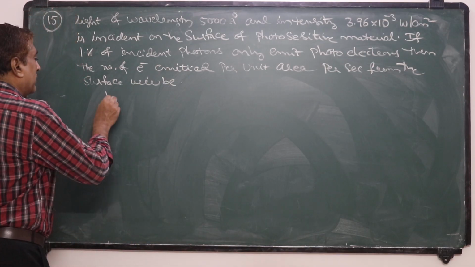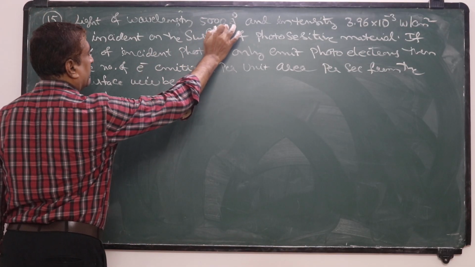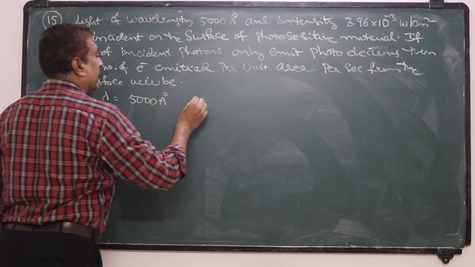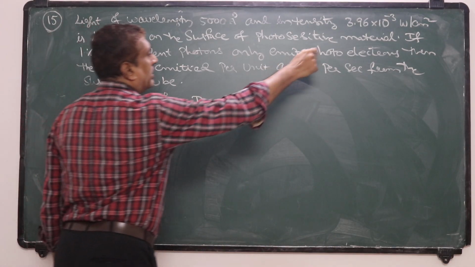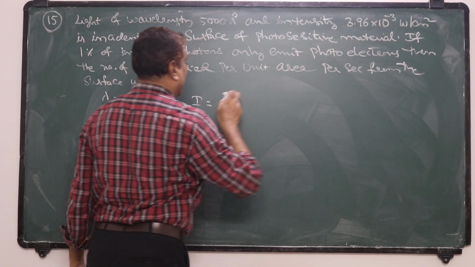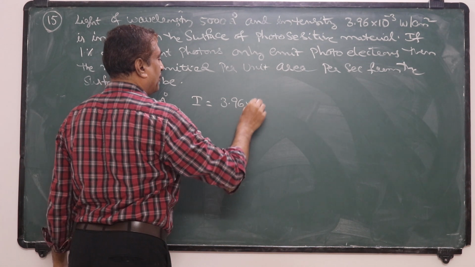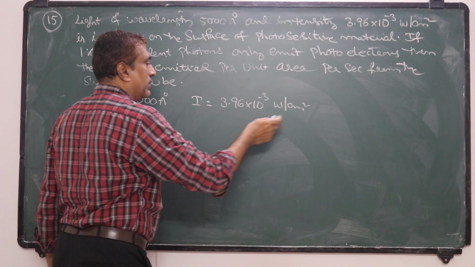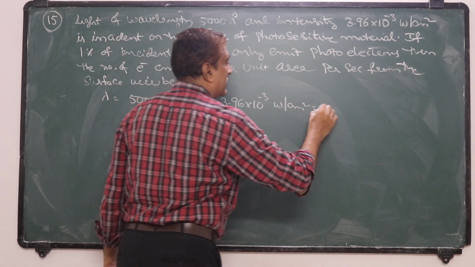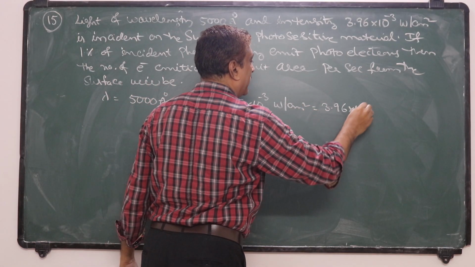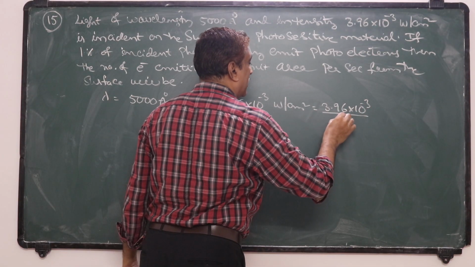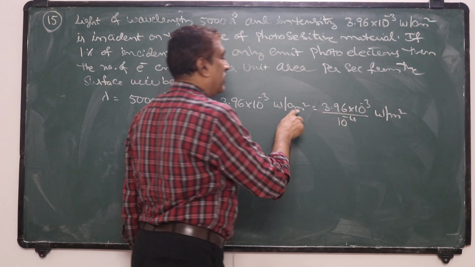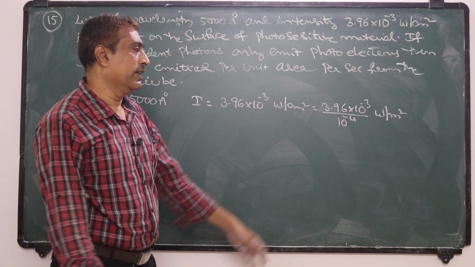Now we have to convert into watt per meter square: 3.96 × 10^-3 by 10^-4 watt per meter square, converting centimeter square into meter square.